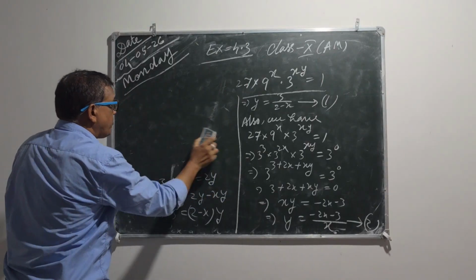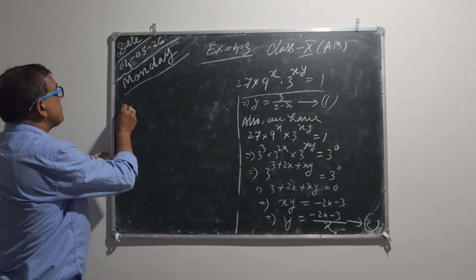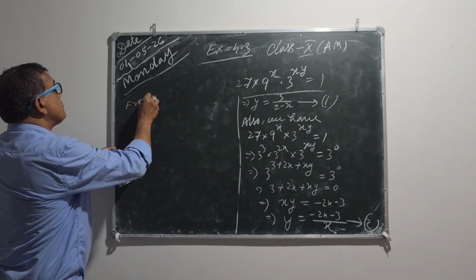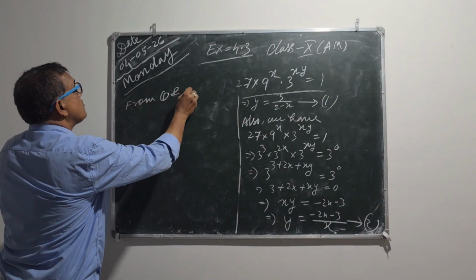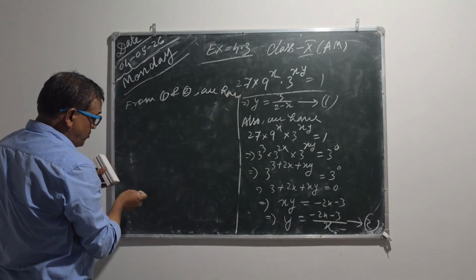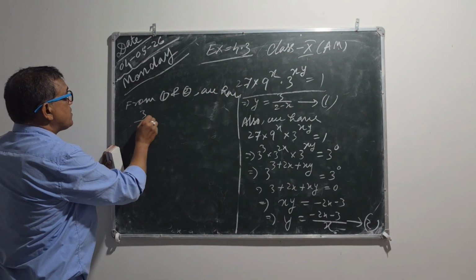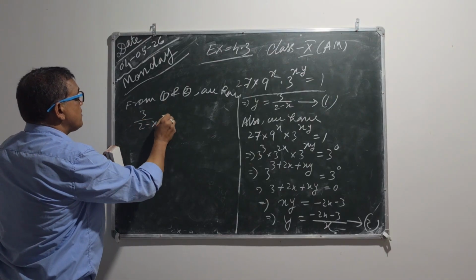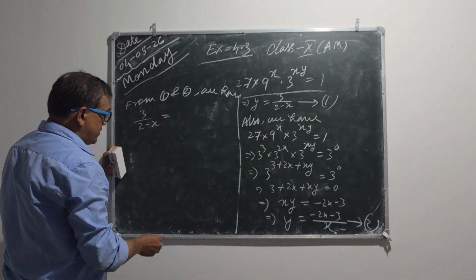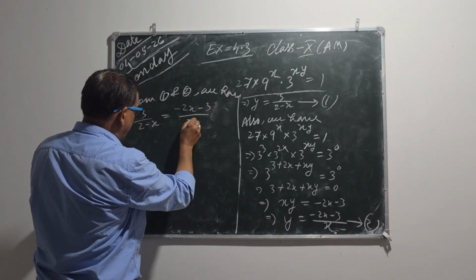From 1 and 2 we have the right side of 1 is 3 divided by 2 minus x, and the right side of 2 is minus 2x minus 3 divided by x.